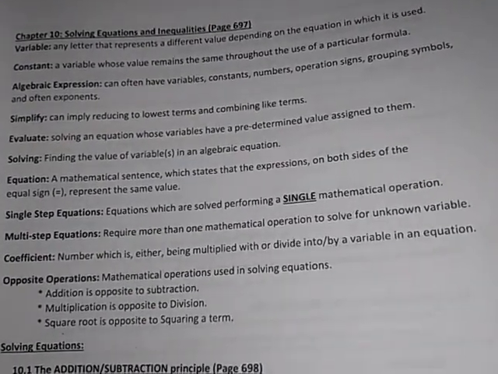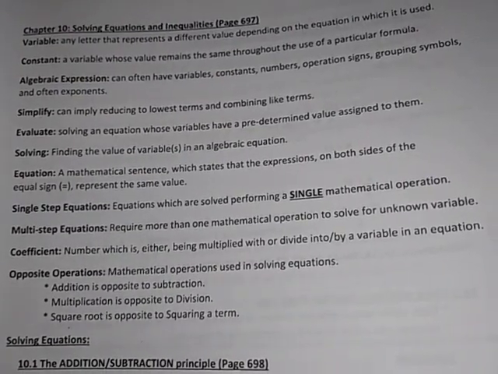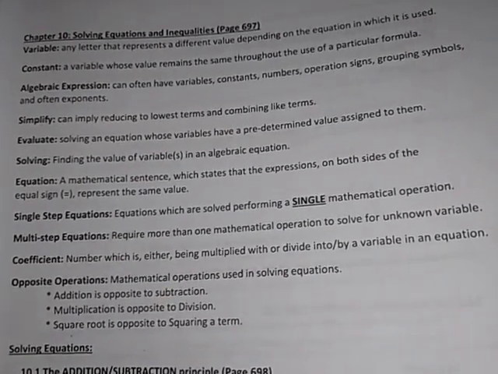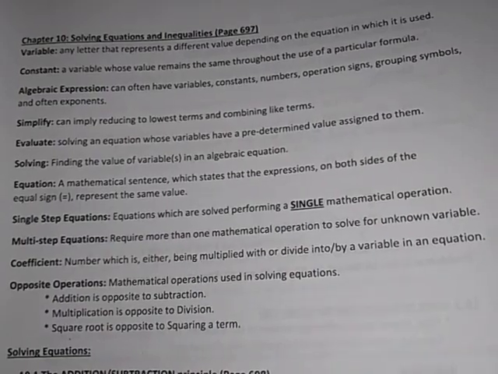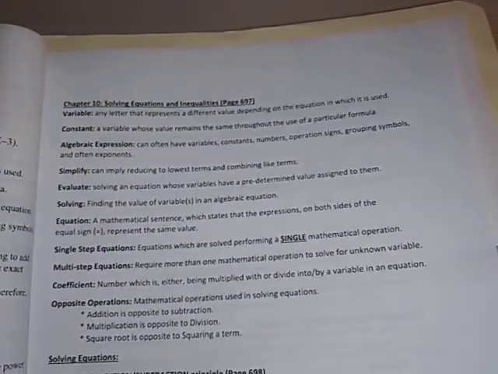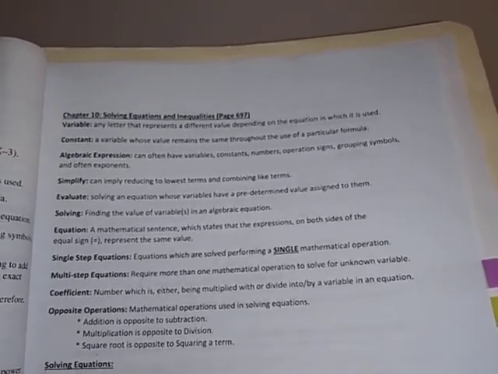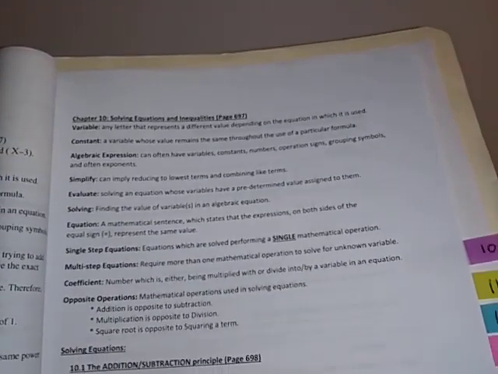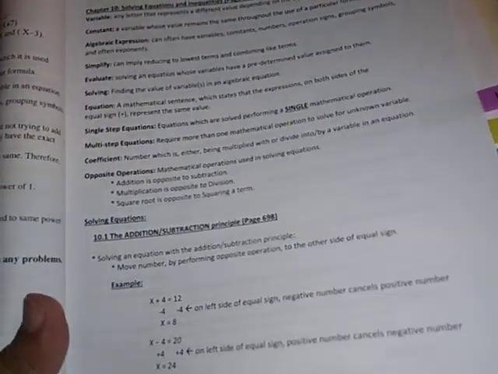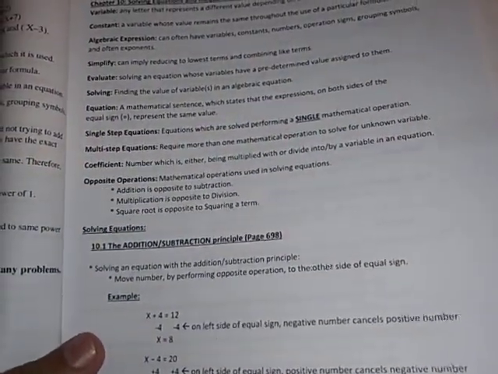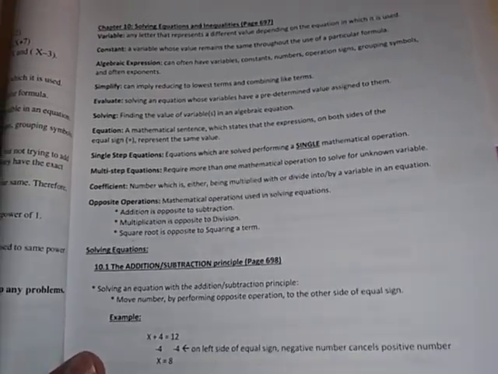As I mentioned previously, addition is the opposite of subtraction, multiplication is the opposite of division, and performing a square root is the opposite of squaring a term. So we'll go over these principles as we proceed with the chapters ahead in this course.